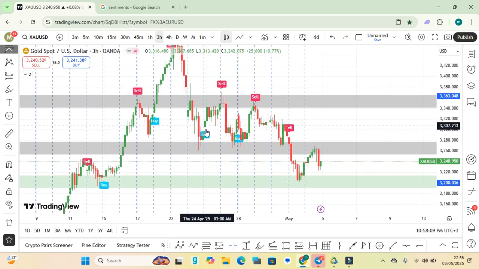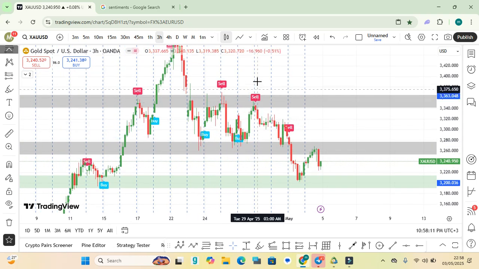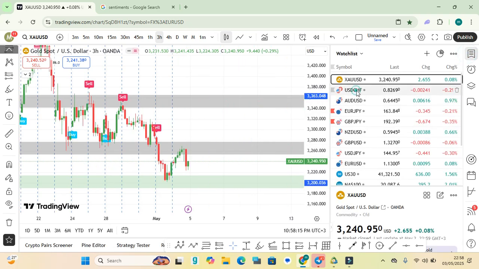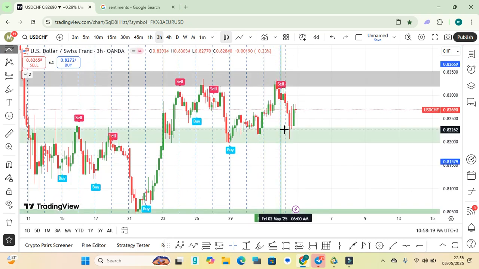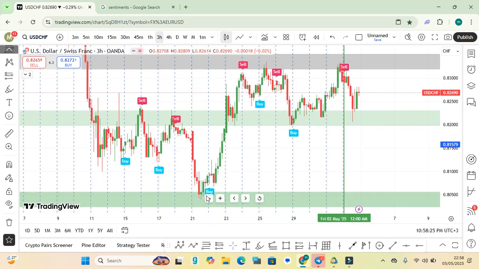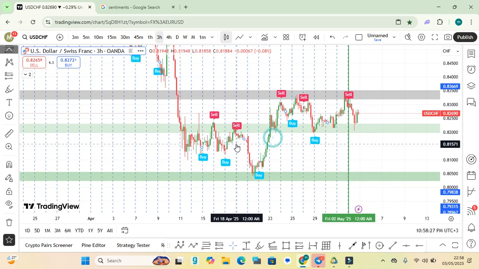First, if I'm taking a decision on a certain price, for instance, this is USD CHF, I have to see that signal. I have to make sure that first I see price reacting at that level.